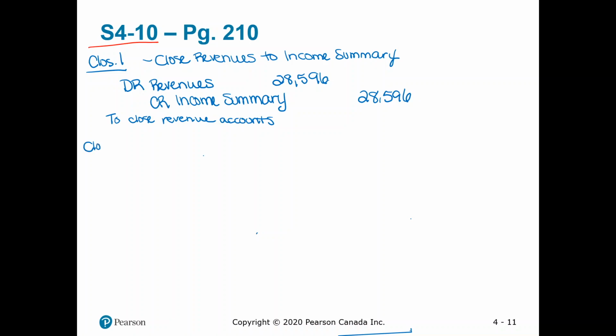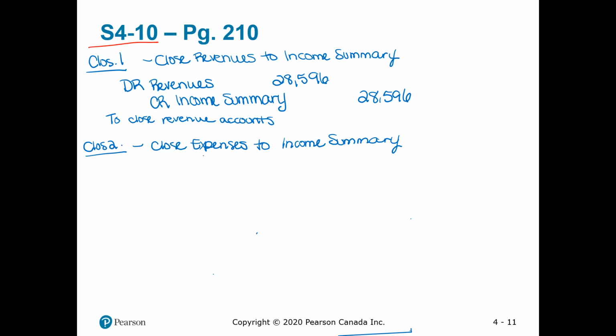Okay, closing entry number 2 is always to close the expenses. So find all the expense accounts and close those to the income summary. If we look through the list in the textbook, the first expense account that we see is amortization expense for equipment.